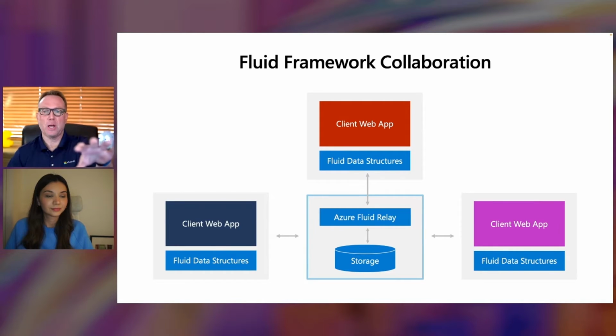And then Ayca's client and Lamont's client and whoever's client we have, they would then be responsible for merging that data in the proper order it was received. Now, that's where the algorithms come in. There's a lot to that, actually, that Fluid does for us. I like to think of it as almost like a git merge on each of the clients. It's not a git merge, but you can kind of think of it that way, that data flows in and then it merges it to make sure it lines up properly.